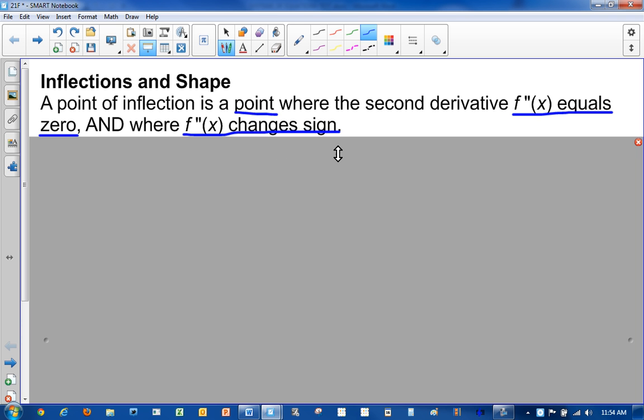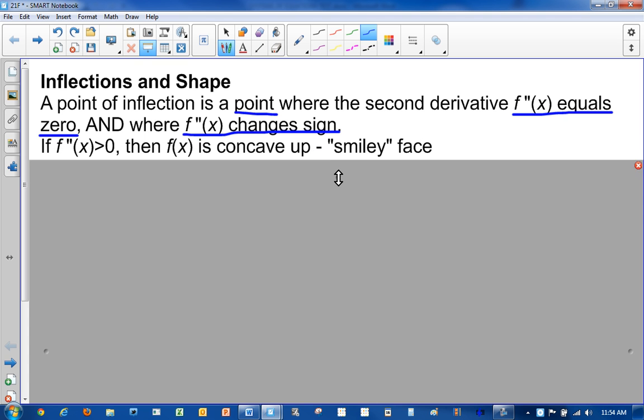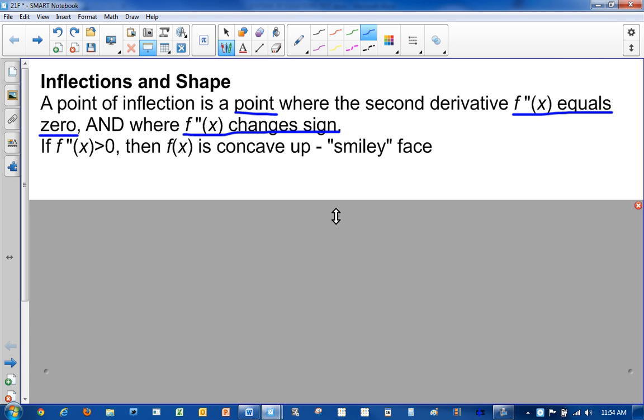So let's first of all talk about what the second derivative tells us. It tells us what's called the concavity of the curve over a certain area. If the second derivative is greater than 0 for some part of the domain of the function, then as I move from left to right, the slopes are increasing, which means that if they're negative, they're getting less and less negative, and if they're positive, they're getting more and more positive.